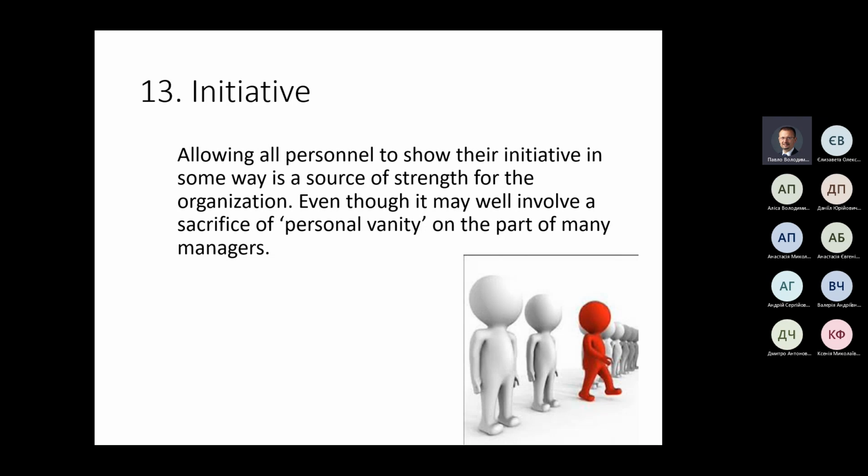And to follow this principle of management, all Japanese companies nowadays have red buttons near the assembly line conveyor, and any worker can stop the assembly line if he or she thinks that something goes wrong.